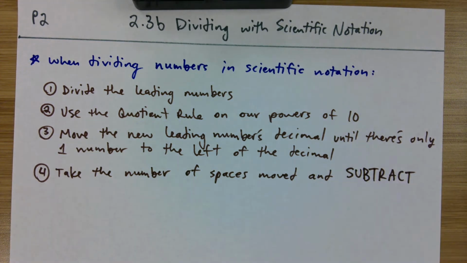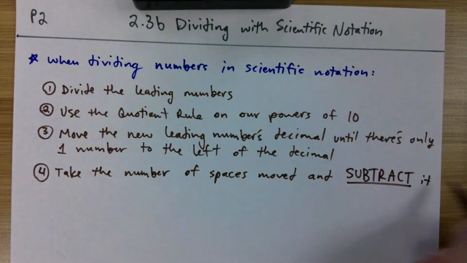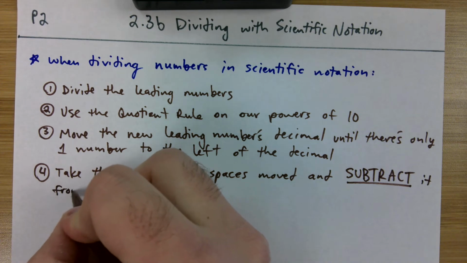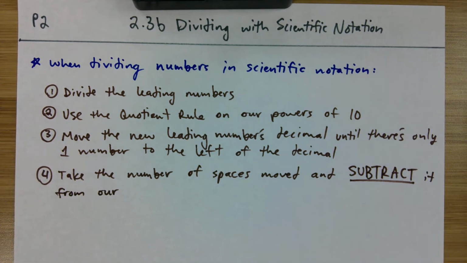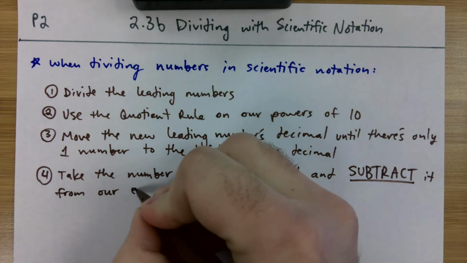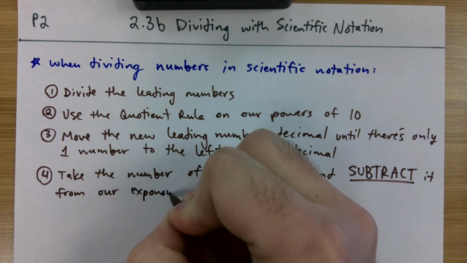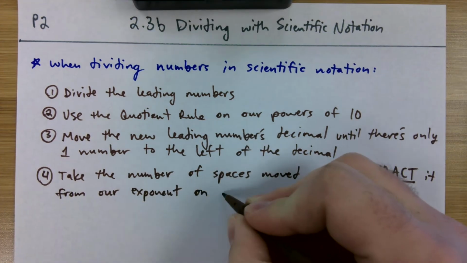And then finally, we're going to take the number of spaces we moved and subtract it from our new power, or from our exponent on our new power of 10.